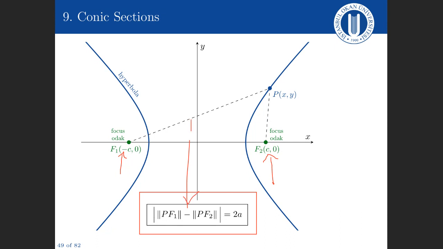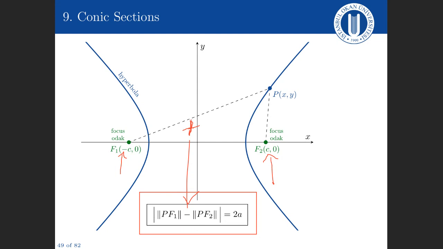For an ellipse, we had a plus in the middle. For hyperbola, this must be minus. The difference between the distance from P to the first focus and the distance from P to the second focus must always be constant. And the constant I'm calling 2a.